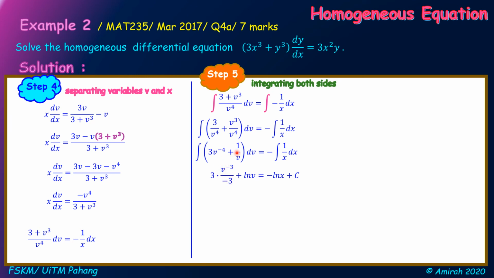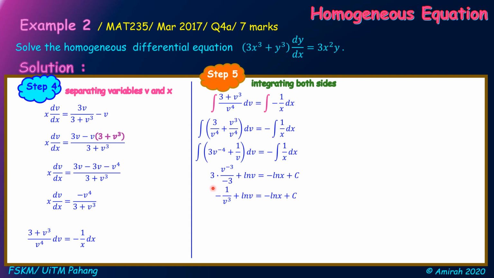Then we integrate 1 over v, we have ln v using the ln rule. On the right hand side, we move the negative sign outside the integration sign, and when we integrate we have negative ln x plus c.